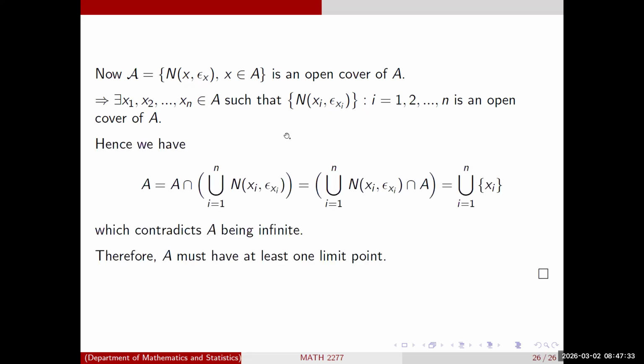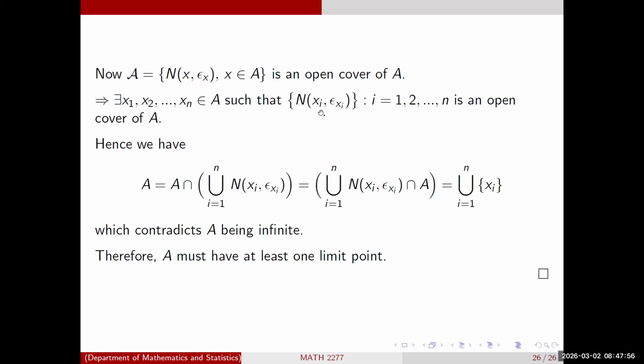So here's what we're going to do for the contradiction. I'm going to now say A is equal to A intersection this union. So what is this union? The finite subcover that I have here, I'm going to union them together. So these n neighborhoods, let's say n was 5.